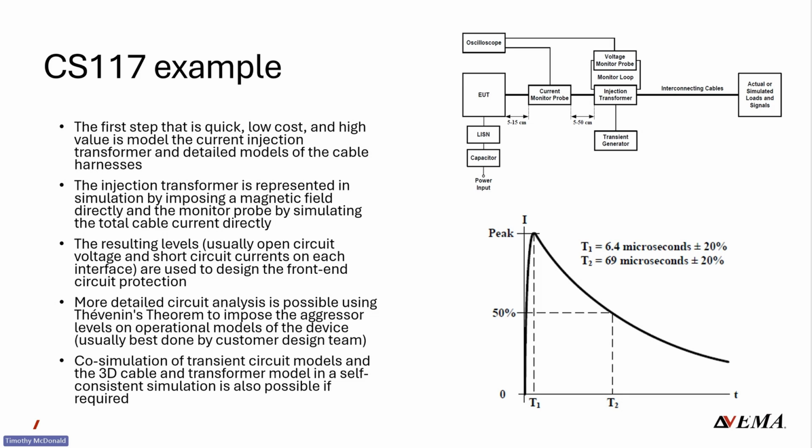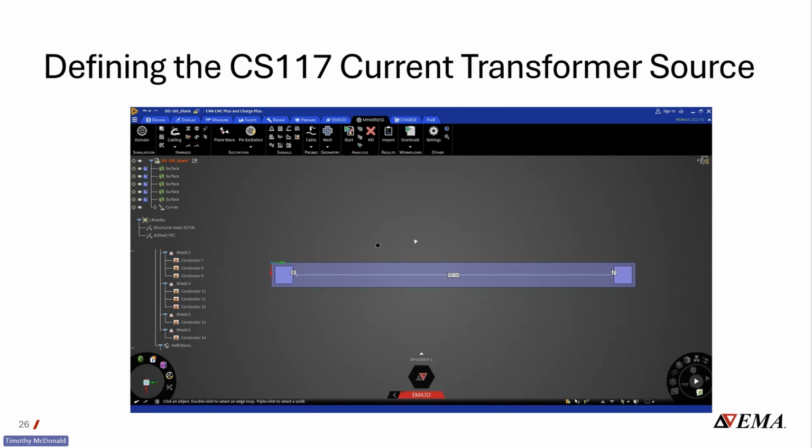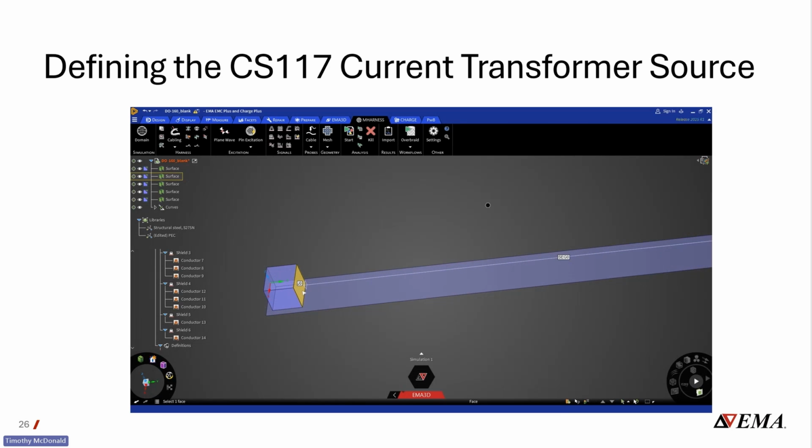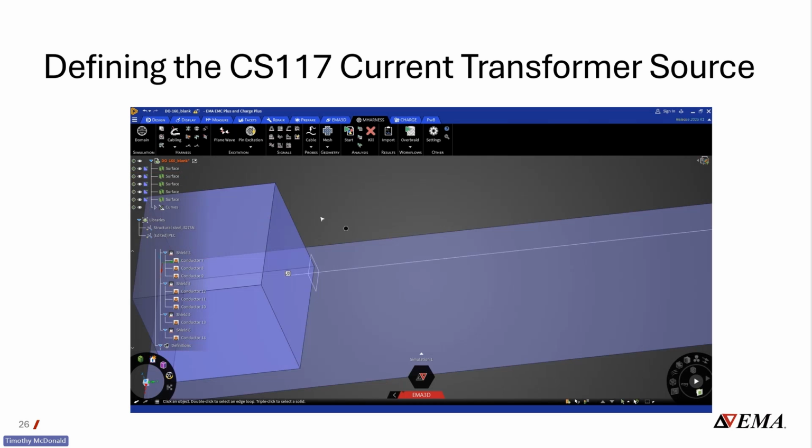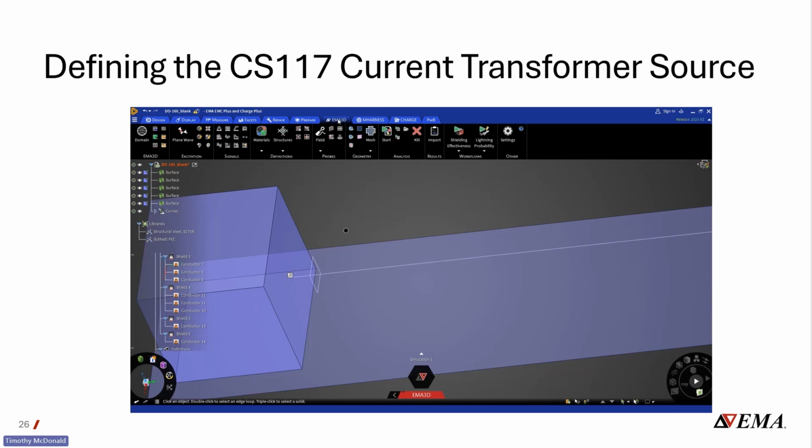But because the current transformer is applied to the entire cable bundle, as a designer, it's a little bit challenging. For example, you may have a bundle of cables that has multiple conductors within it. You don't know the induced transient on each pin.